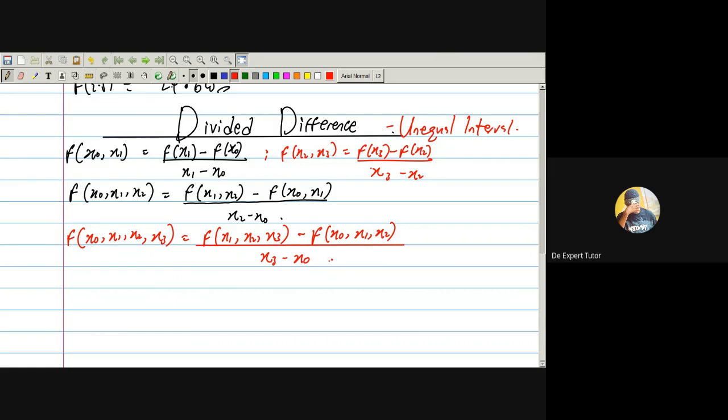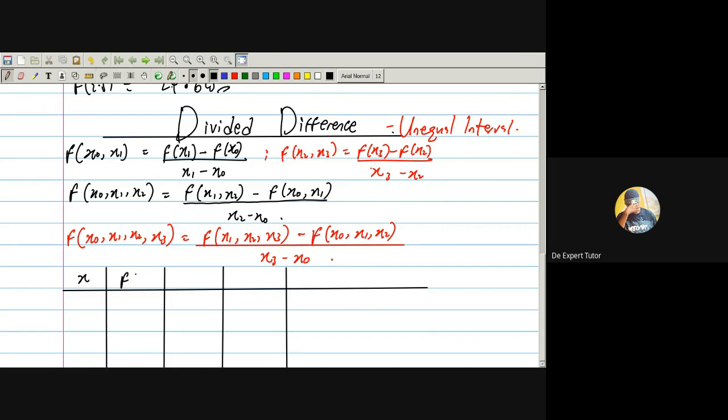Now let me say they give us this table, just as an example. This is our value of x, and this is f of x.